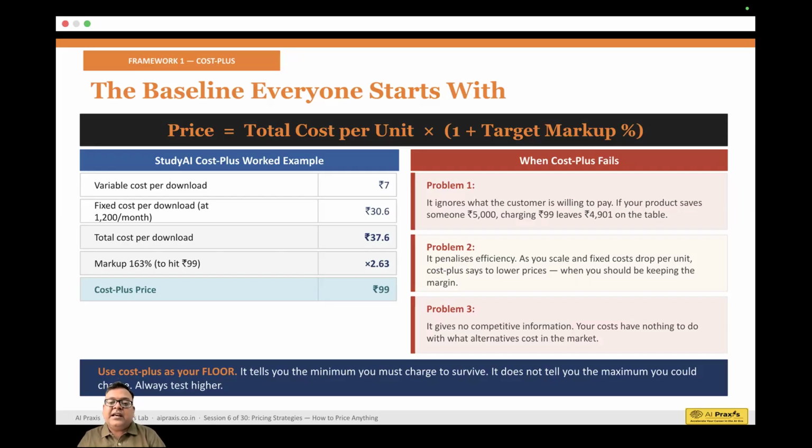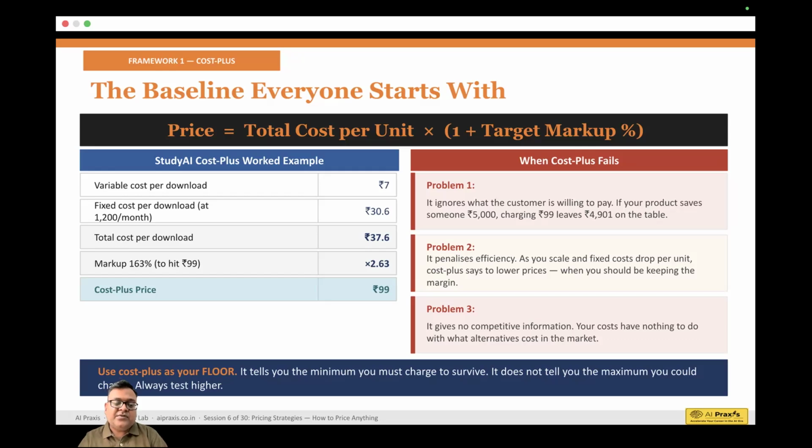Problem two is it penalizes efficiency. As you scale and fixed cost drops per unit, cost plus says to lower prices, when you should be keeping the margin. And problem three, it gives no competitive information. Your costs have nothing to do with what alternatives cost in the market.